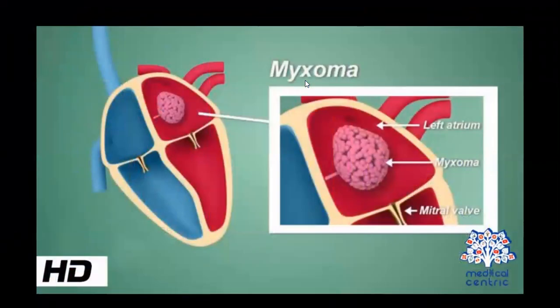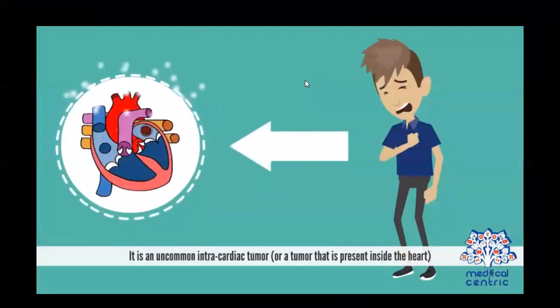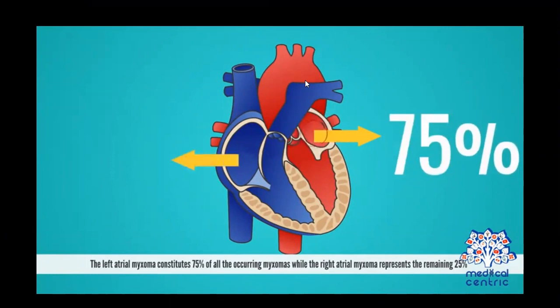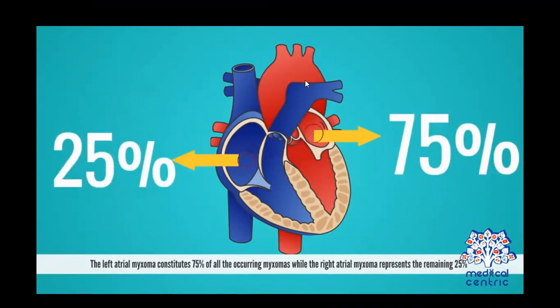Today's topic is myxoma. It is an uncommon intracardiac tumor, or a tumor that is present inside the heart. The left atrial myxoma constitutes 75% of all the occurring myxomas, while the right atrial myxoma represents the remaining 25%.